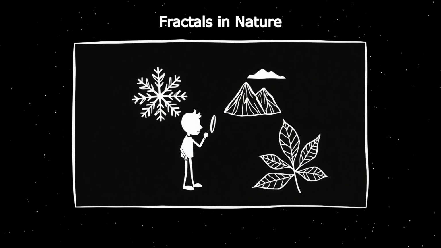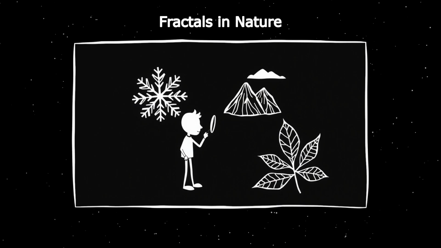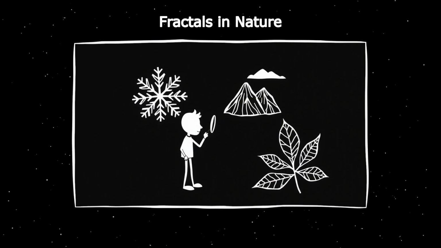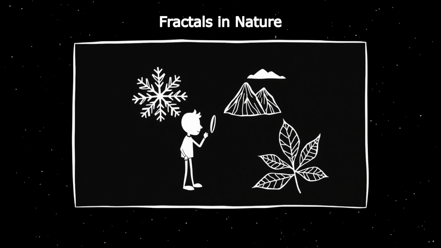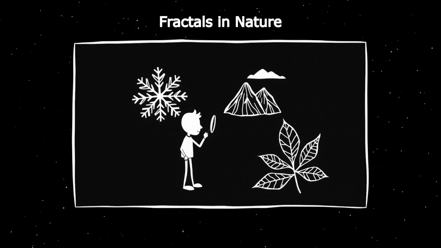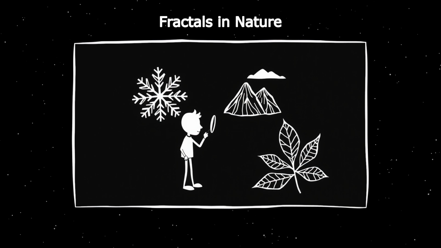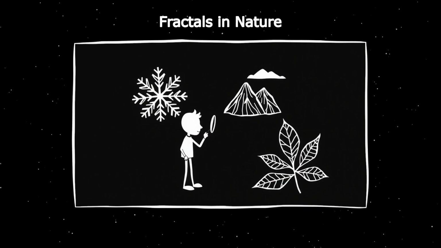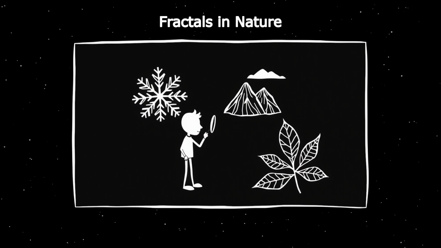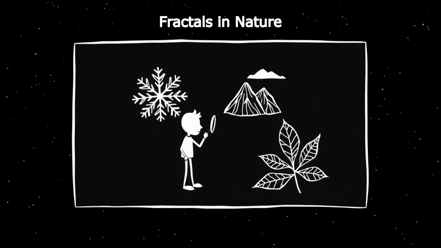Another fascinating display of fractals exists in the delicate beauty of snowflakes. Each snowflake that falls from the sky is a unique creation, but they often exhibit fractal characteristics. As water vapor freezes, it forms intricate, crystalline structures.